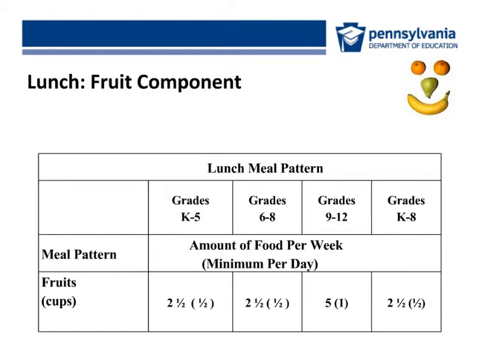Grades K through 5 and grades K through 8 and 6 through 8 have minimum daily requirements of ½ a cup, as you can see in the parentheses, and grades 9 through 12 must be offered a minimum of 1 cup of fruit per day. Keep in mind, the 1 cup must be offered or be made available for students to take, but under OVS, students may select only a ½ cup serving to meet the reimbursable meal criteria.